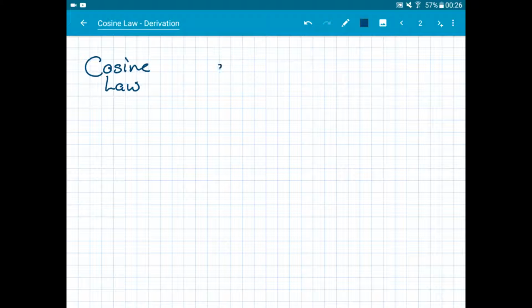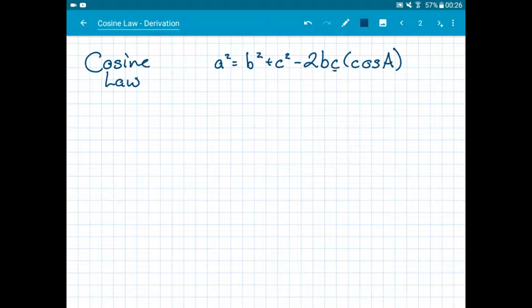We get a squared is equal to b squared plus c squared minus 2bc. You can put this in a bracket, cosine A. Just put that in a bracket because I don't want you to get confused that there's c here and then cosine starts with the letter c. Then we got b squared equals a squared plus c squared minus 2ac.